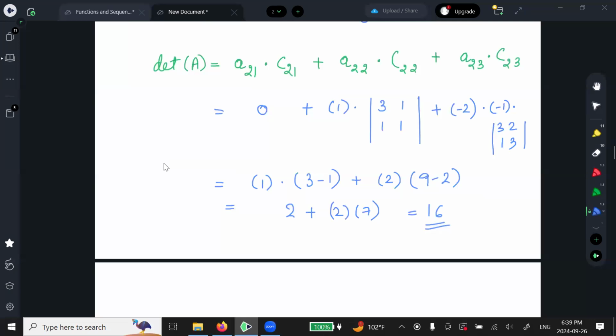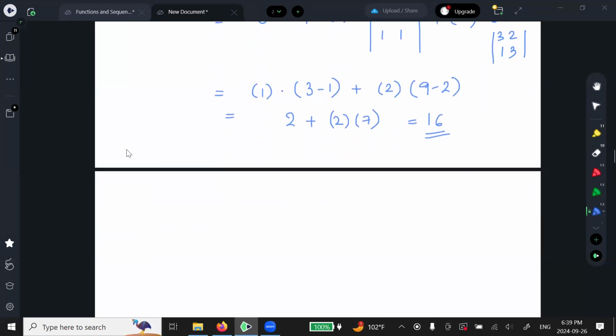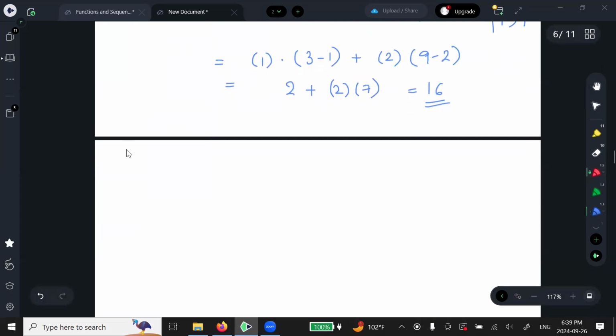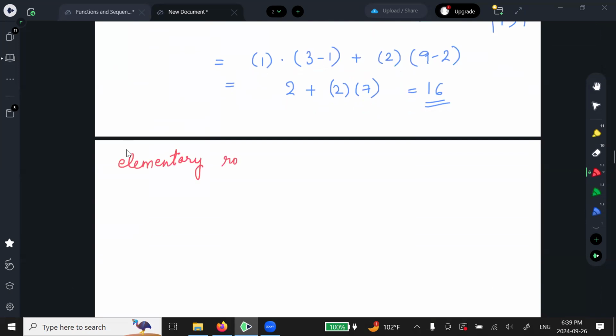Finding the determinant is okay. And the other important thing was elementary row operations and determinants.